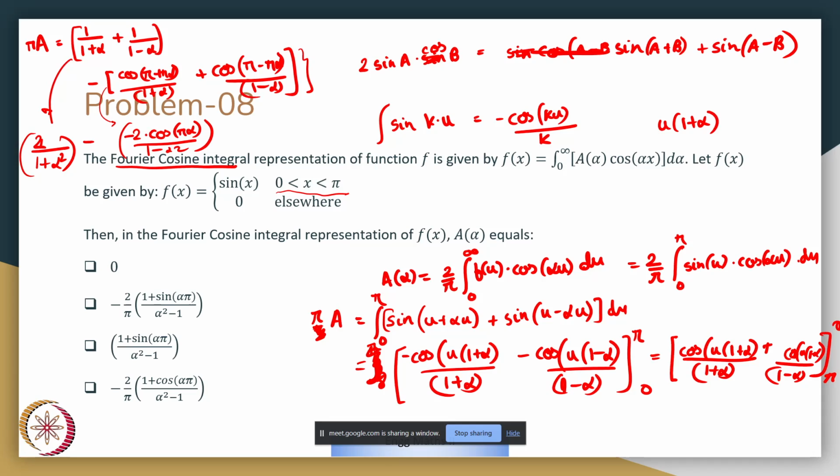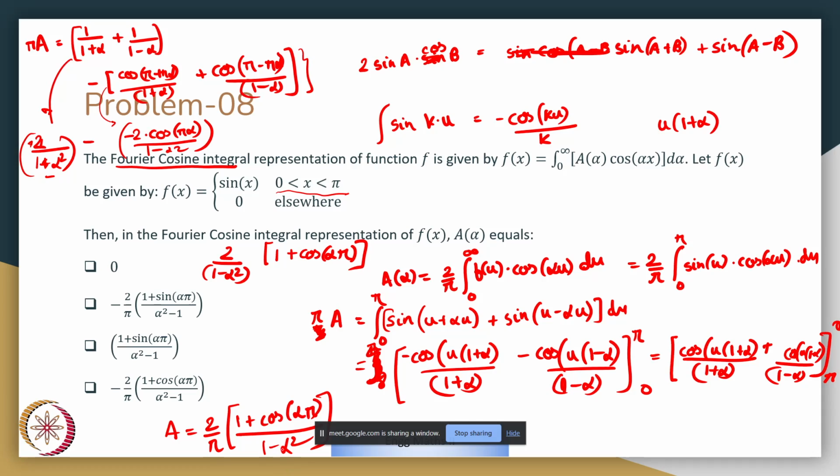So if we bring these two terms together, it turns out to be 2 by (1 minus alpha square) times (1 plus cos of alpha pi), which gives us a equaling 2 by pi times (1 plus cos of alpha pi) upon (1 minus alpha square), which is nothing but option D. So here if the minus feeds here, then we essentially end up with our form of the answer.